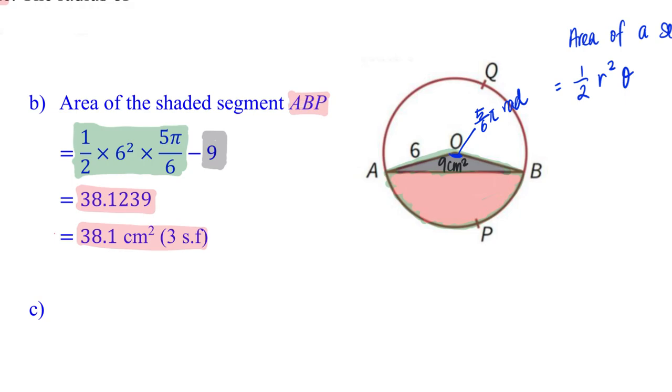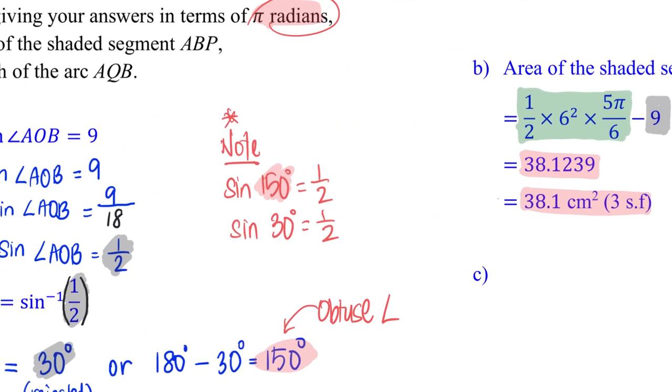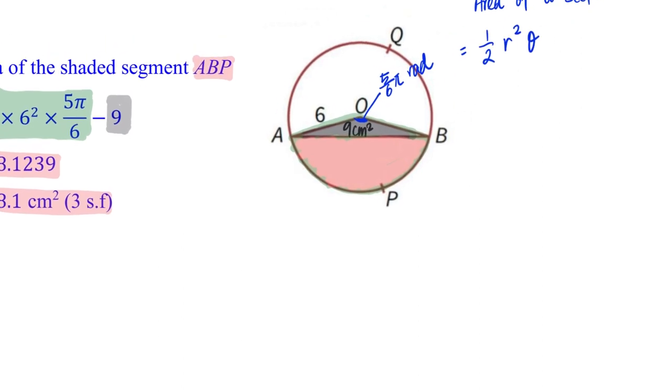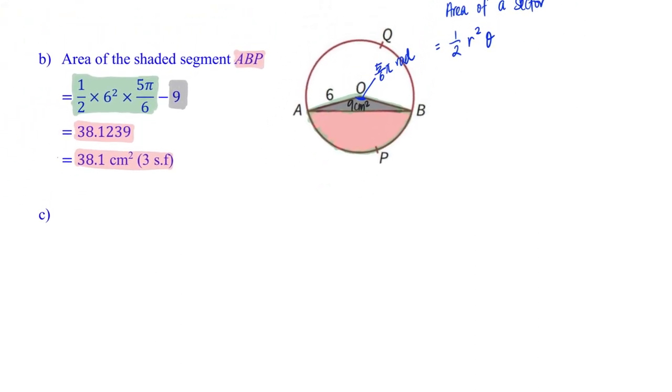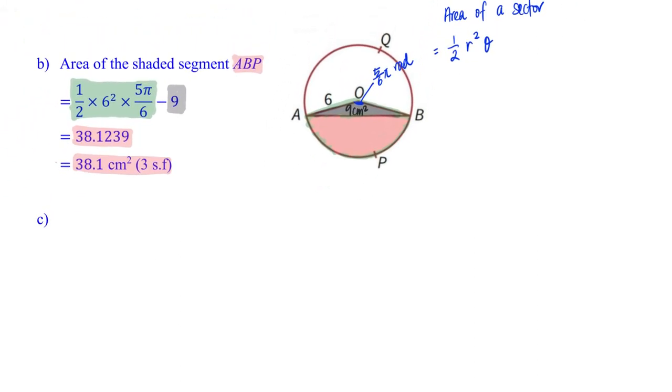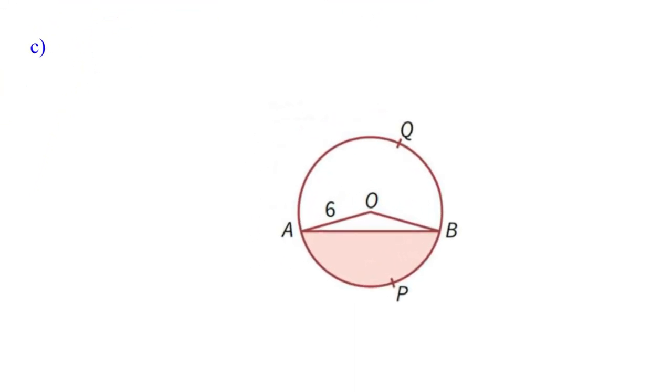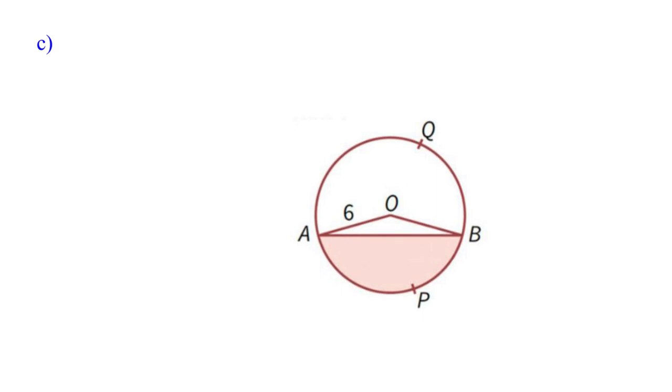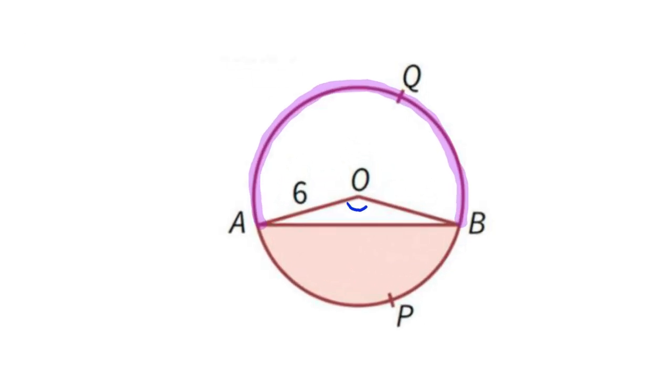And part C, where they want to find the arc AQB. So perhaps it is at this point that I'm going to pull out the diagram again. So for part C, they want this arc, and I already know this angle is 5/6 pi.